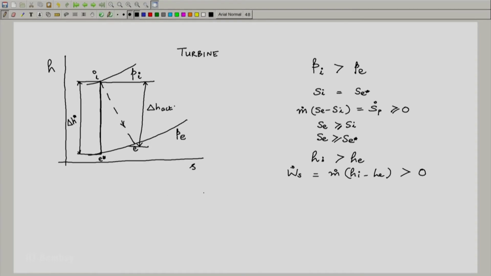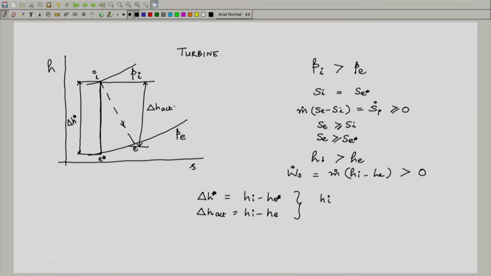So, delta H star is Hi minus He star, and delta H actual is Hi minus He. This is what is happening in the real process. So, obviously delta H star is greater than delta H actual.